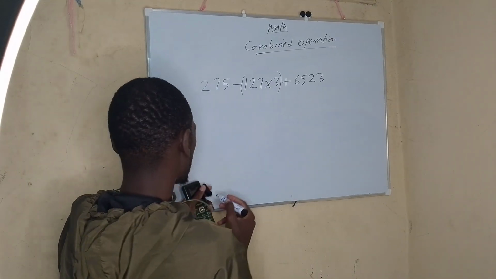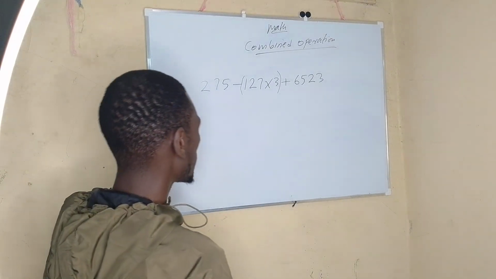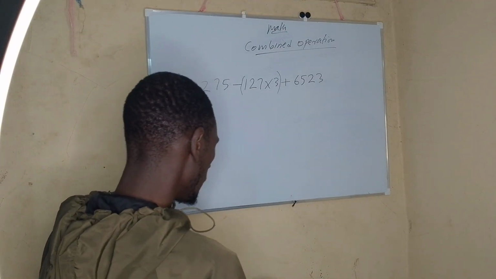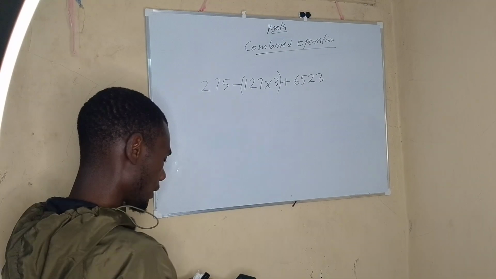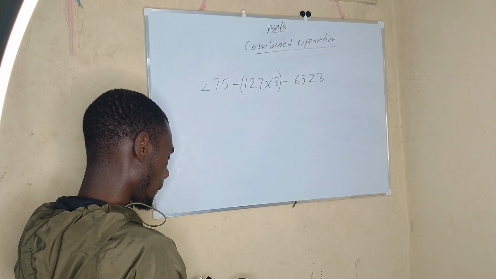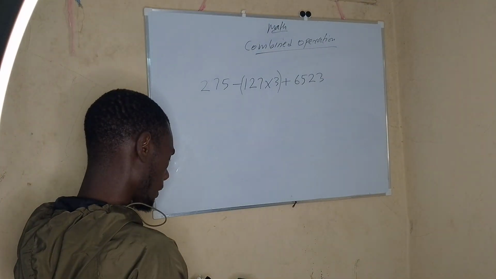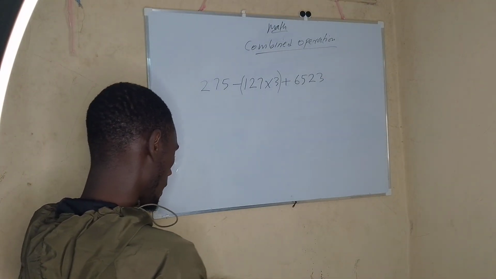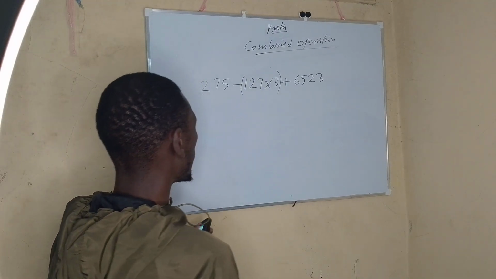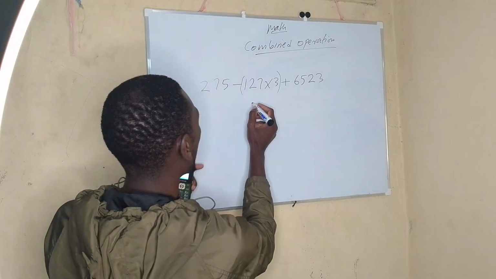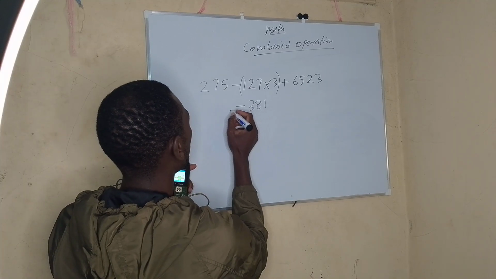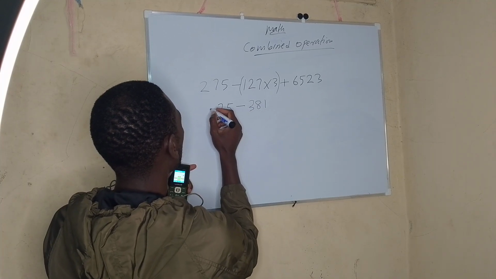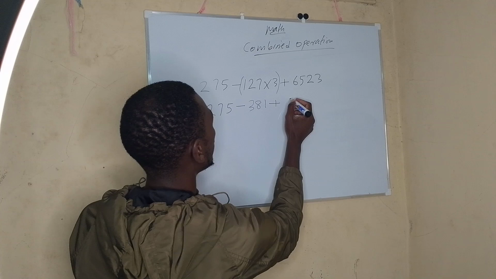So this is 127 times 3. So that gives us 381. And I said bring it down under it, 381 there. Then the rest copy the way they are. Don't change anything.